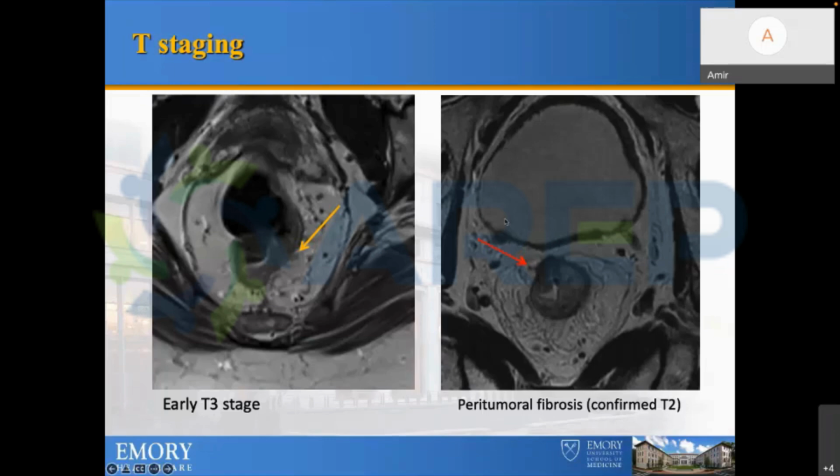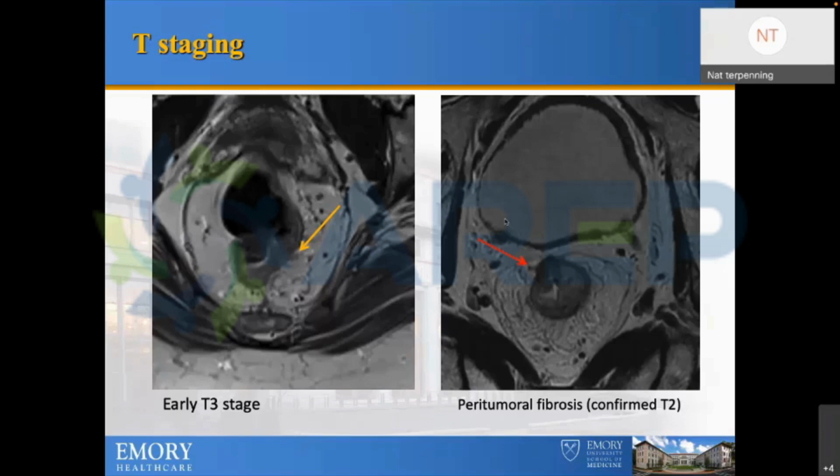So if you see nodularity, we call it tumor. If you see intermediate signal, we call it tumor. If we see linear lines only and T2 dark, we call it fibrosis. But if you're not sure, it's okay to call it T2/early T3, because both of them have the same treatment.